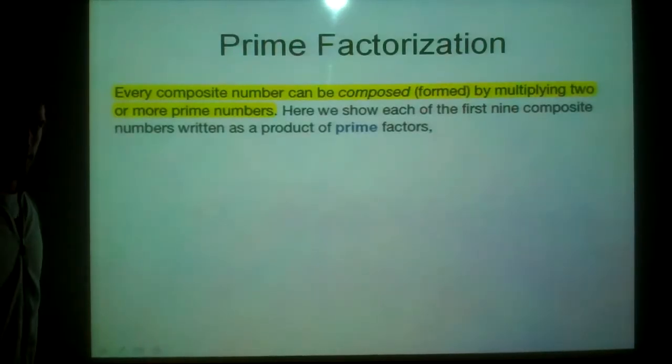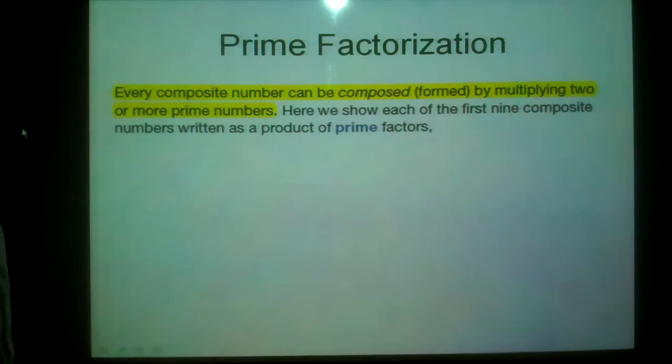Alright, now prime factorization. It says every composite number can be composed or formed by multiplying 2 or more prime numbers. So here we show each of the first 9 composite numbers written as a product of prime factors. So each composite number has its own special prime factorization.